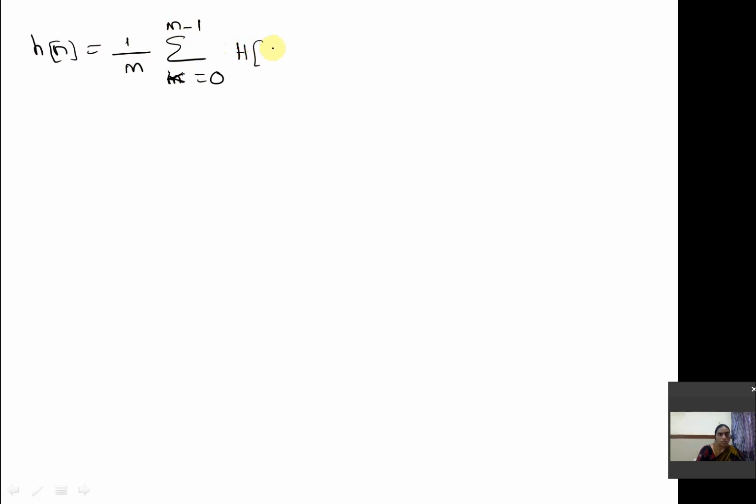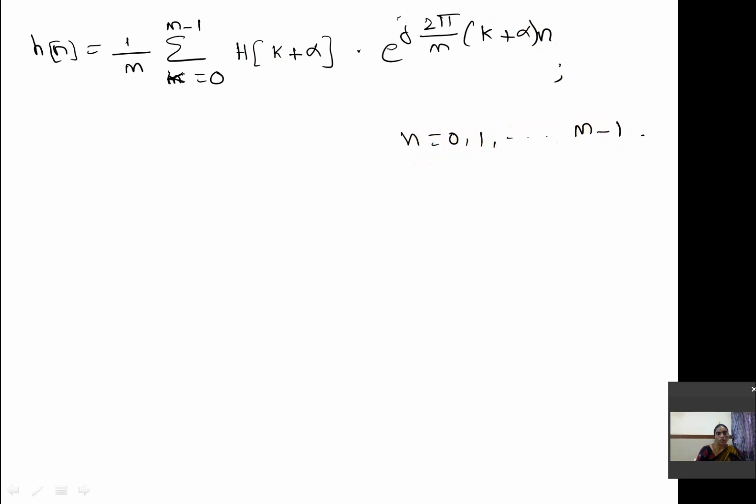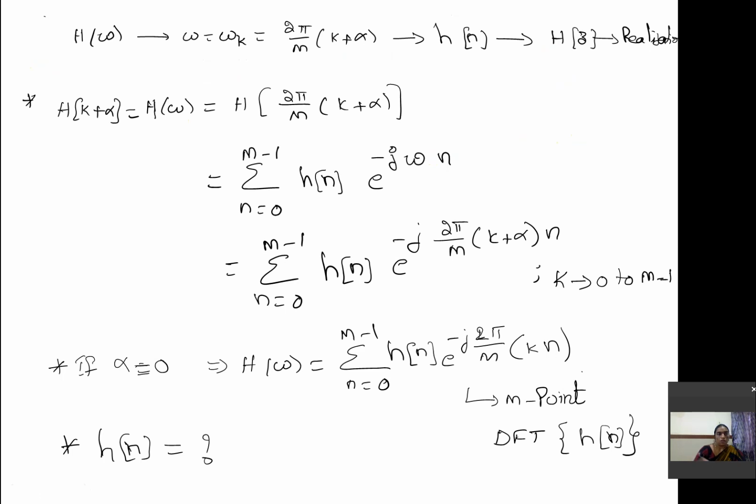Here that is assigned as H of k plus alpha, that's why I am taking that one, H of k plus alpha into e power plus j 2 pi by M (k plus alpha) into n. Okay, right? So where n is equal to 0, 1 and so on, M minus 1. So just inverse formula.